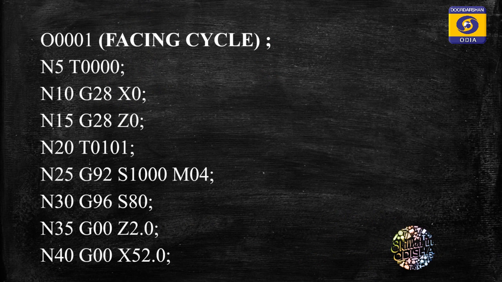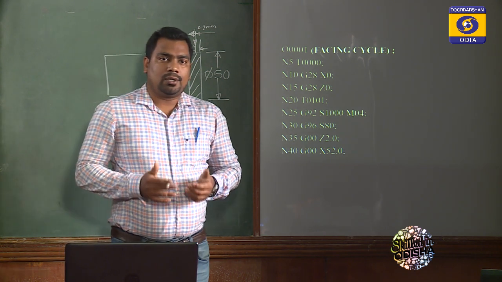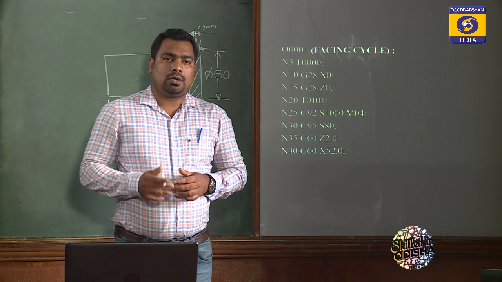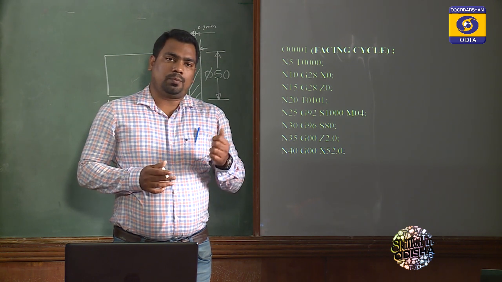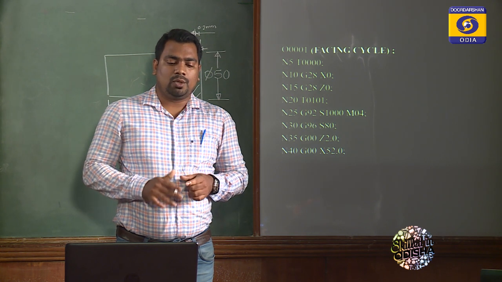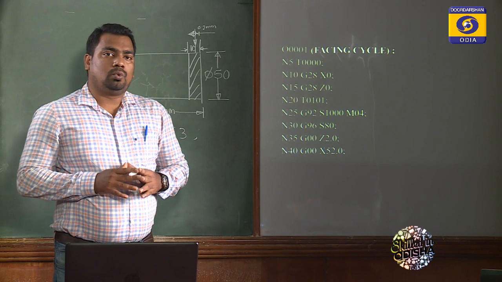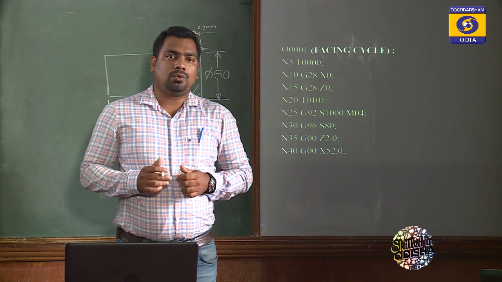Then actually I don't know where my machine turret is now, and also I don't know what tool is fitted in the first station and what is the offsetting value of the tool. So I have to cancel all the tool numbers and tool offset numbers.